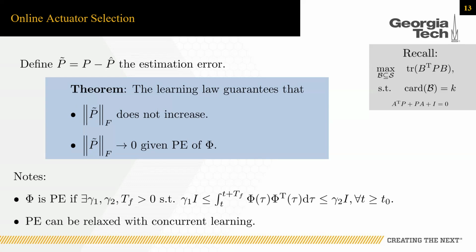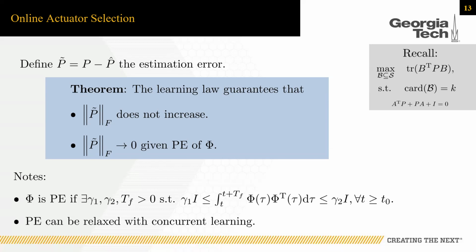So of course, you can see that the excitation is for the future, t plus T_f, okay? So persistence of excitation in adaptive control means you have to guarantee that your system is excited over the future horizon, okay?